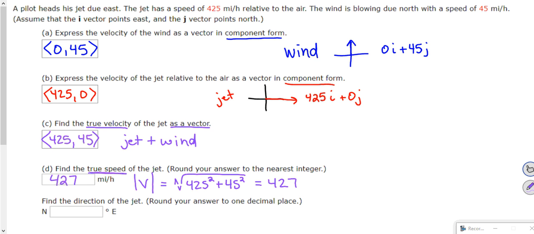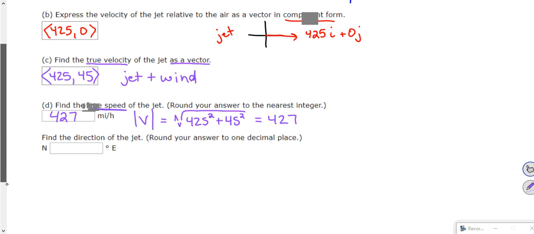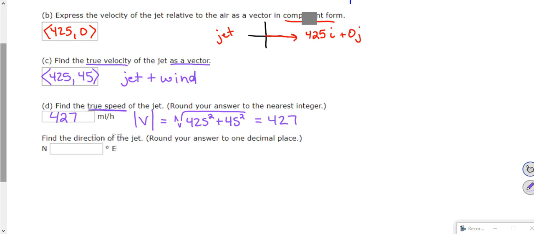Now find the direction of the jet. Again, we have got to draw a picture here. This is find the direction of the jet north and then turning so many degrees east. So you always have to make sure that you're going in the direction they want. So if I draw a picture, let's start again with our XY plane.